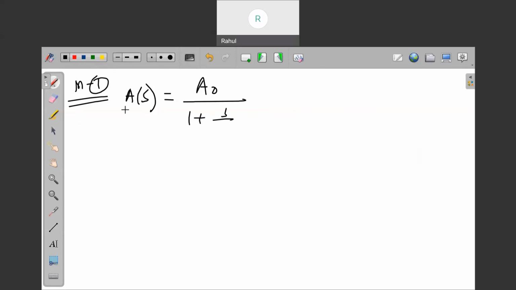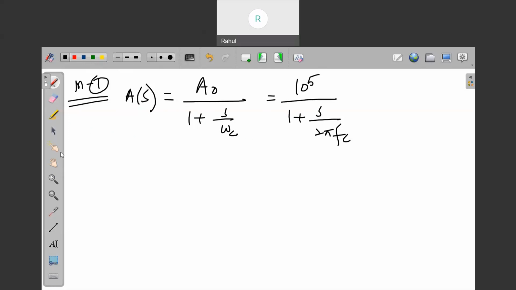Because of op-amp compensation, closed loop gain is a function of frequency, so A naught upon 1 plus S by omega C. So this can be written as A naught, given as 10 raised to power 5, upon 1 plus S upon 2 pi fc, that is the cutoff frequency.